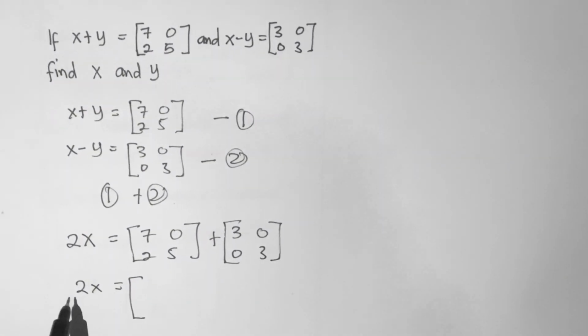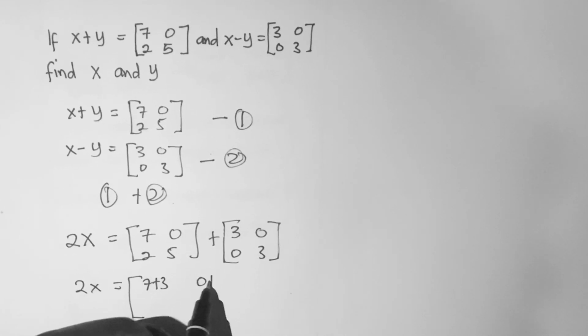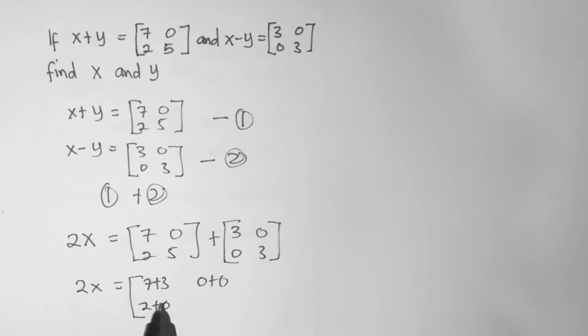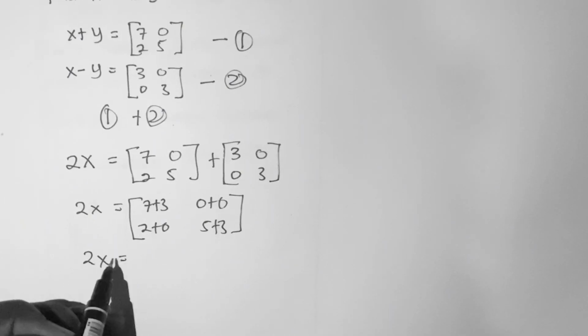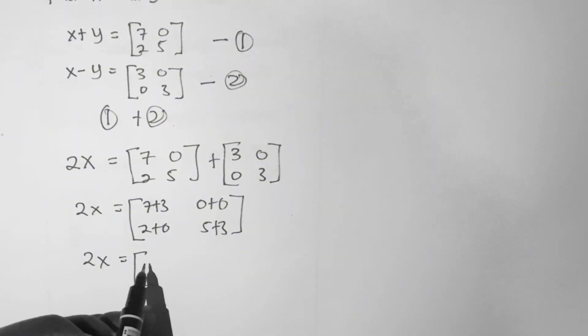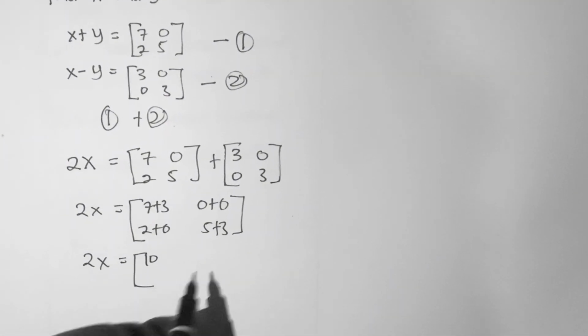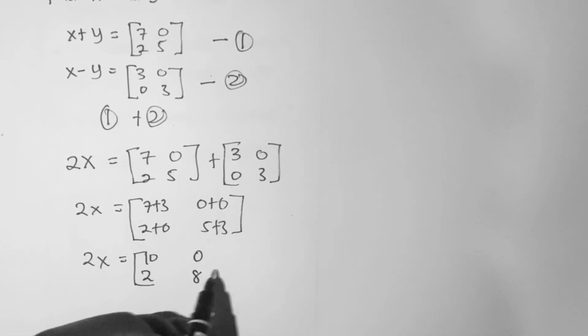We need to add the corresponding entries. So it becomes 7 plus 3, 0 plus 0, 2 plus 0, then 5 plus 3. So 2x is equal to, in brackets, 7 plus 3 is 10. And then 0 plus 0 is 0, 2 plus 0 is 2, 5 plus 3 is 8.